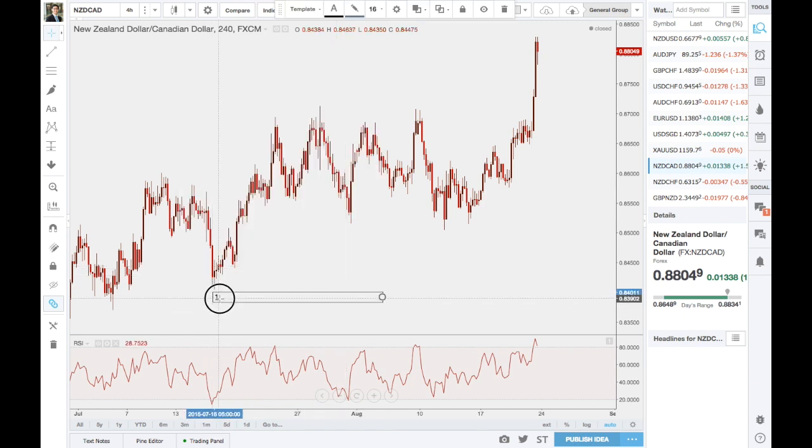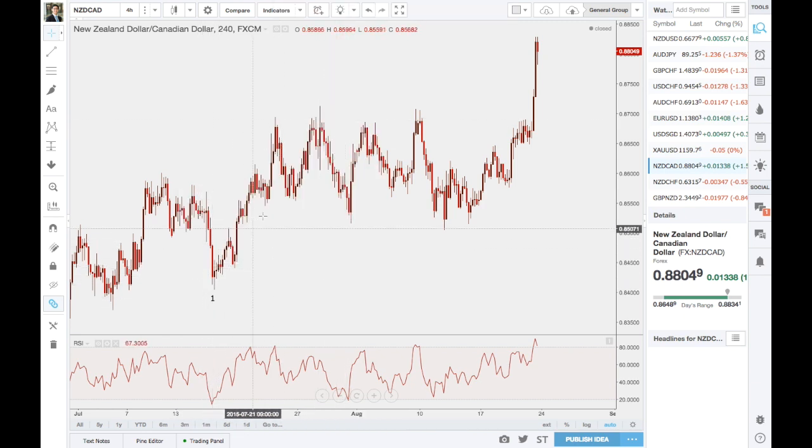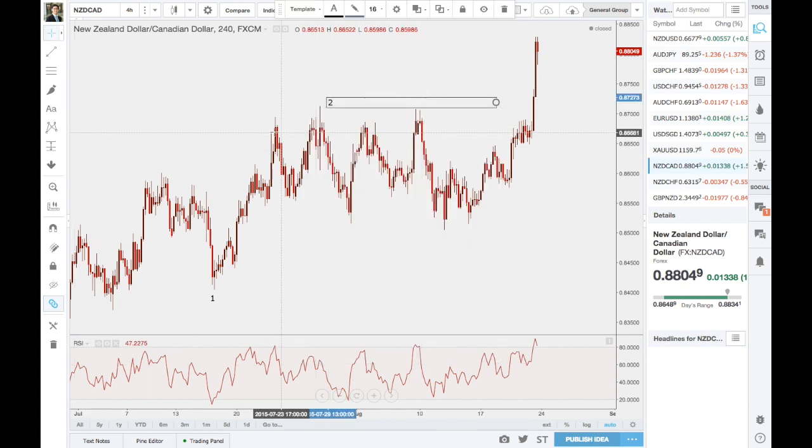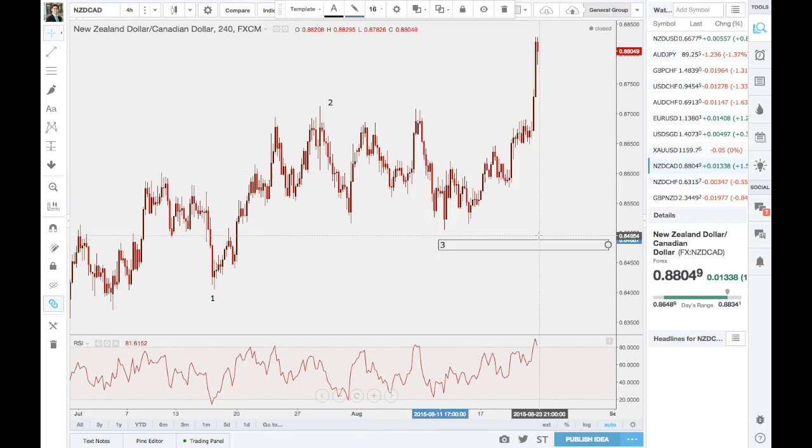Our second point is when price moves higher. When price hits the second point, it should normally retrace at least a minimum of 38.2. In this case, after hitting this level, price retraces back over here, so that's where we identify our point 3.